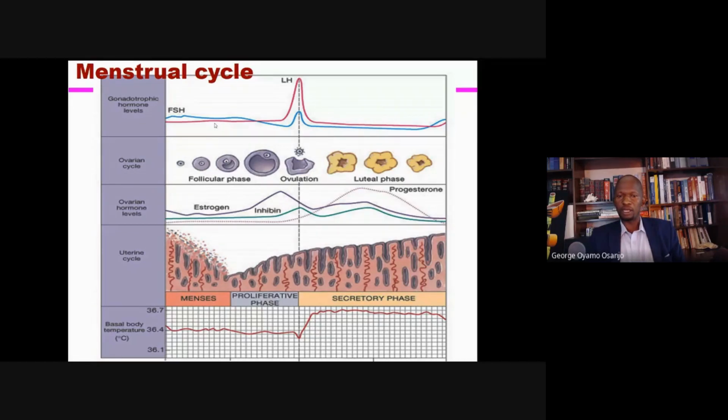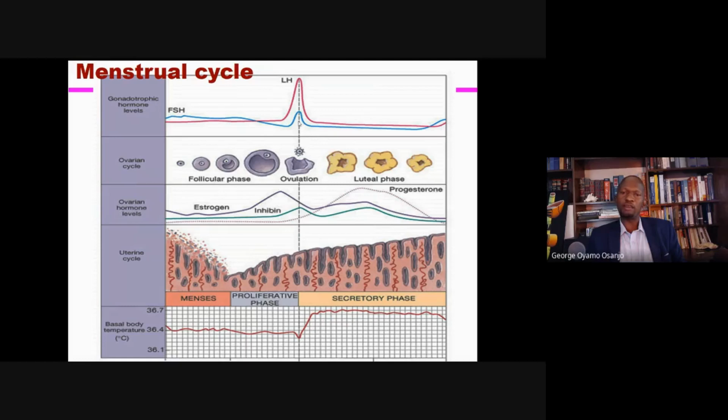So in the beginning, you have primary follicles, and under the effect of follicle stimulating hormone, these follicles develop and grow, they have a fluid-filled antrum, so you can see there in the middle, the one I'm pointing at, and they therefore become secondary follicles.